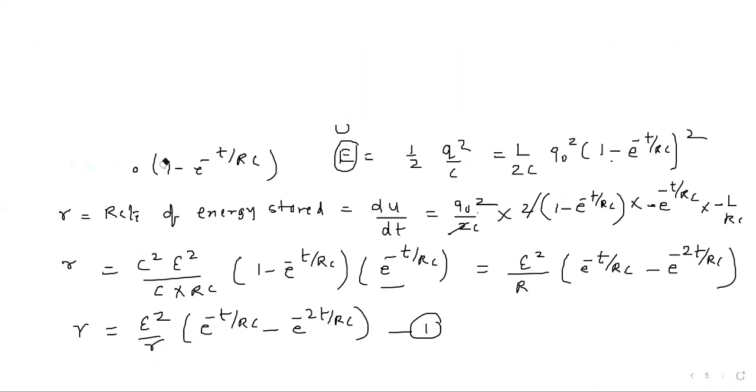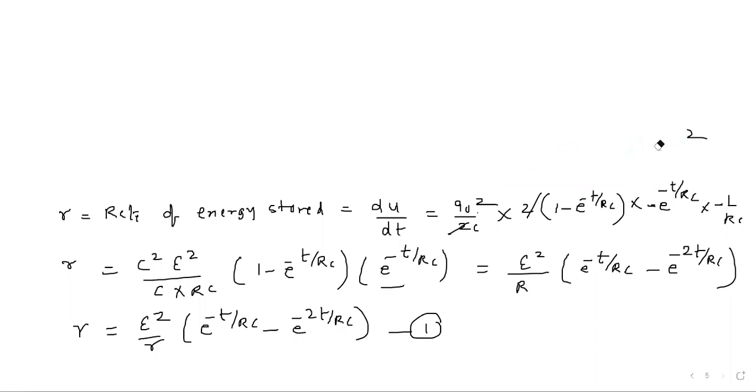Now we have to find out its rate of maximization. So suppose we differentiate it, dR upon dt.